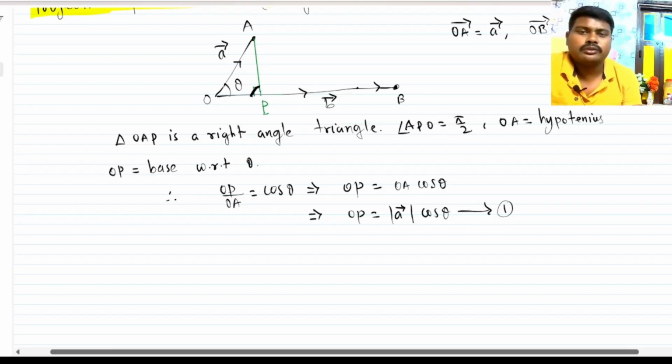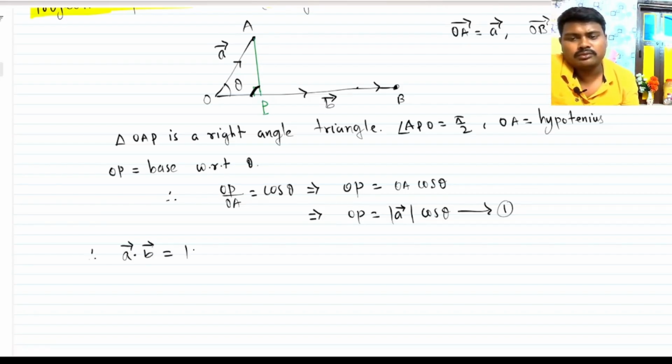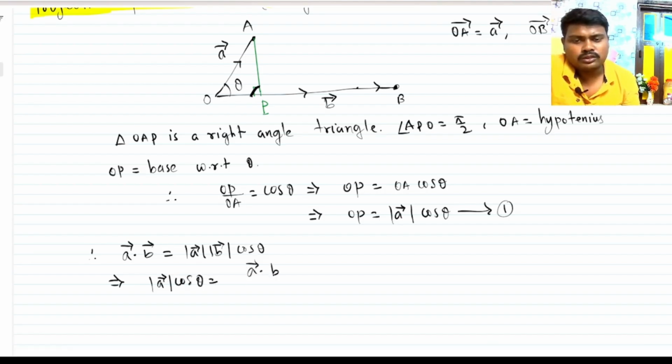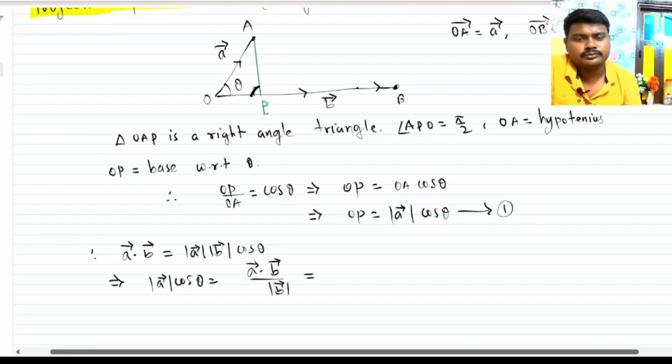Since the angle between the vector a and b is theta, a dot b is equal to mod a mod b cos theta. This implies that mod a cos theta is equal to a dot b by mod b.